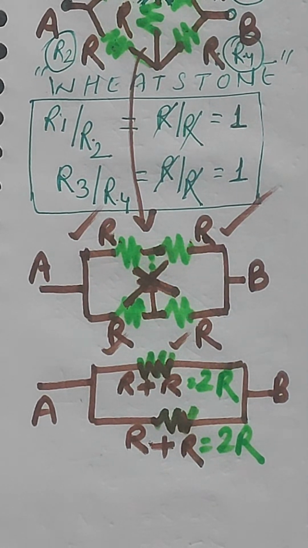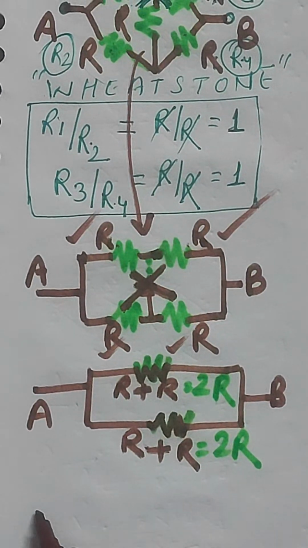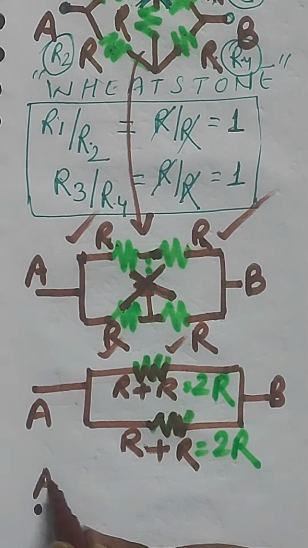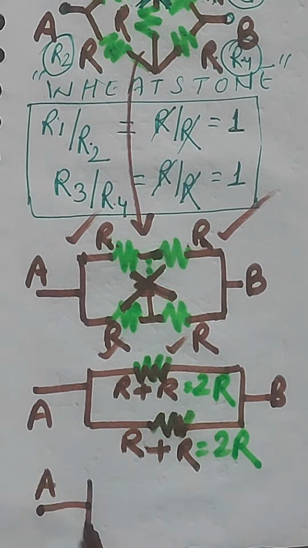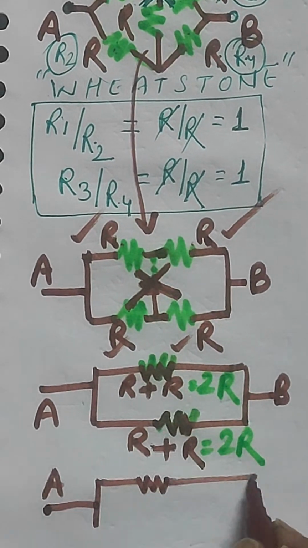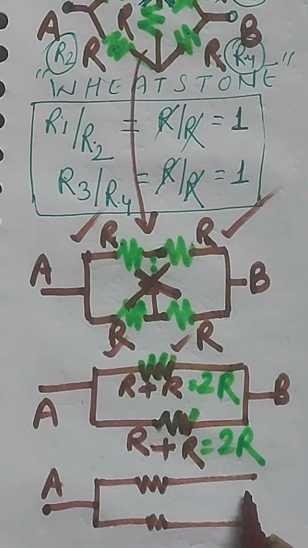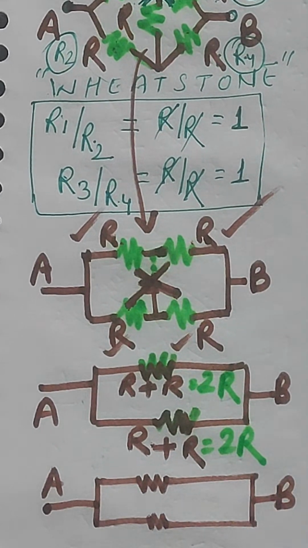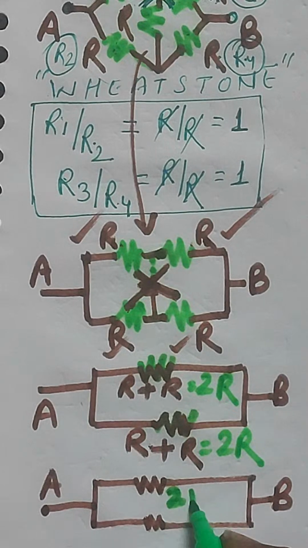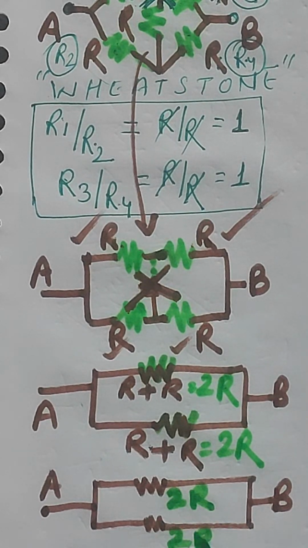Now the above circuit will be simplified as A, here it's 2R and 2R.